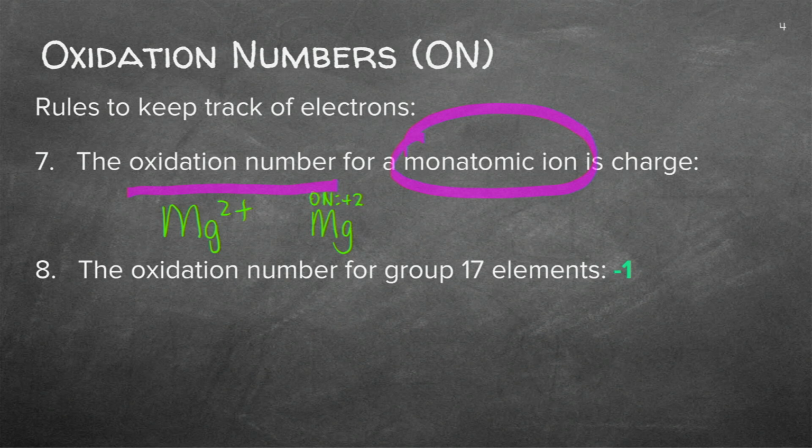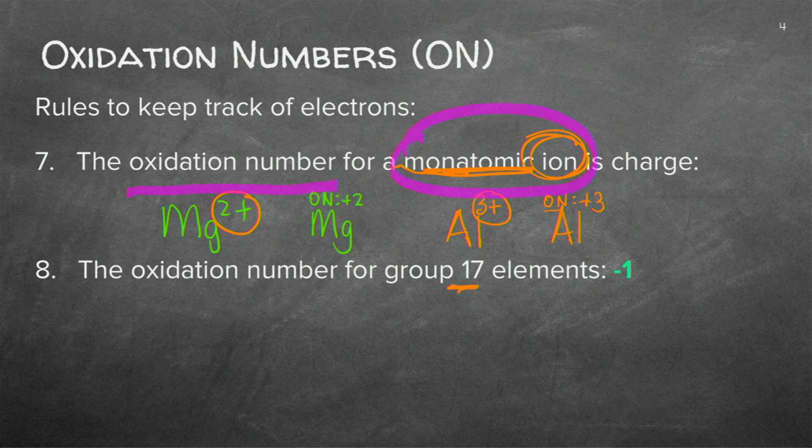If I've got aluminium 3+, the aluminium oxidation number will be +3. It's only one atom's ion, it's got a charge, and all I know is that if it's a +2 or a +3, the oxidation number will be that. And the second last group is group 17.